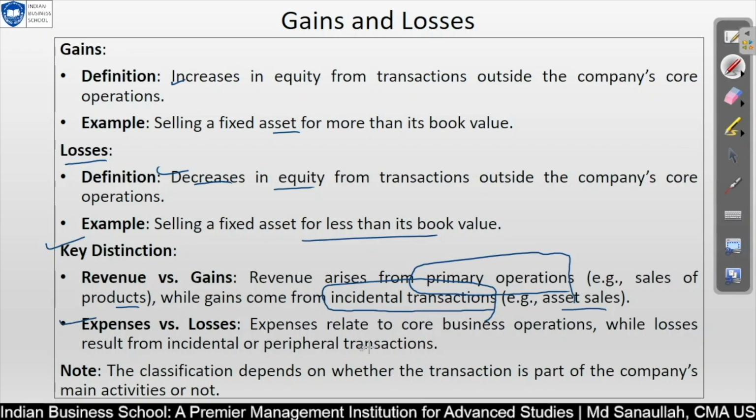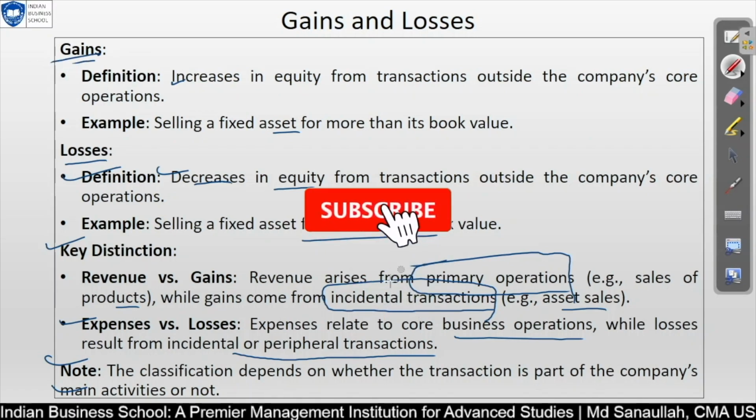Expenses relate to the core business, the main primary operation, while losses are a result of incidental or peripheral transactions. Note: the classification depends on whether the transaction is part of the company's main activity or not. If it is not the main activity, it will be considered under gain and loss. If it is related to your primary business activity, it will be an expense.